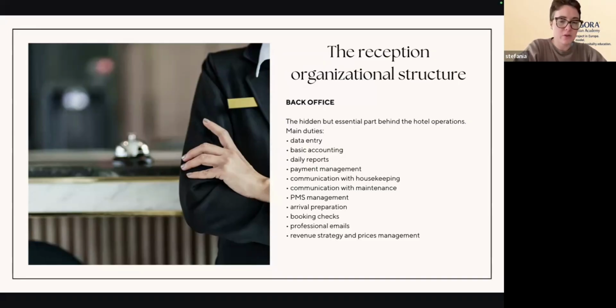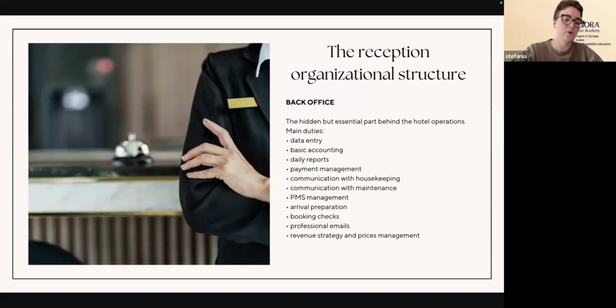Booking checks, because the back office does not only put reservations into the system, but there is a checking procedure. So for example, every morning they check the arrival list. So what does it mean? To take every reservation and check again if all the data are correct.